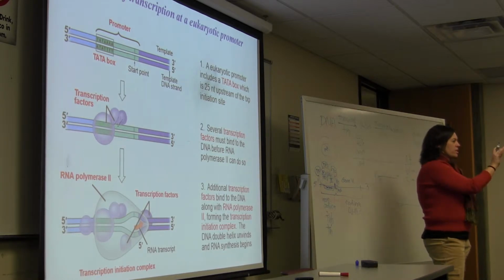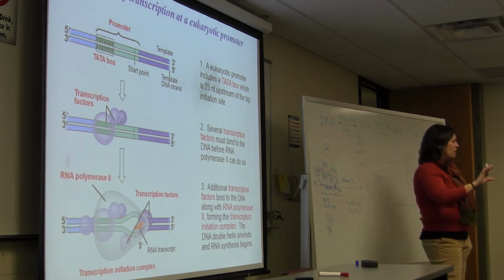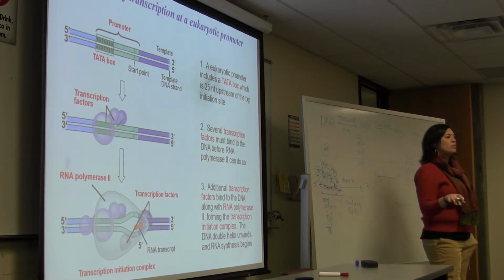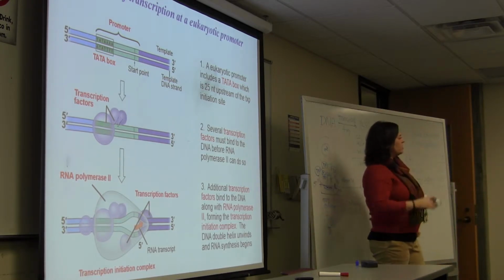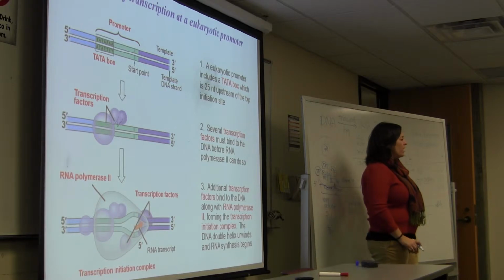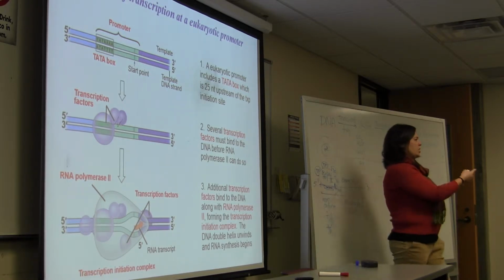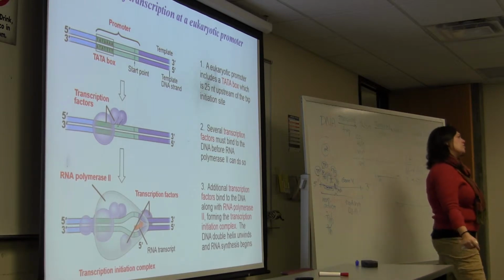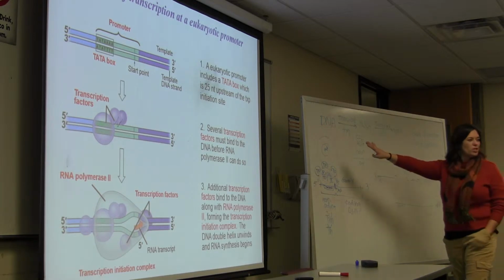So you're starting transcription or you're starting translation. You're then elongating either the RNA or the protein. And then at some point that process has to come to a stop. That's termination. So they have the same titles, but the processes are going to be different. And so you need to know what happens at each stage. So you need to know what happens during initiation of translation, during termination of transcription, and all the other ones too.